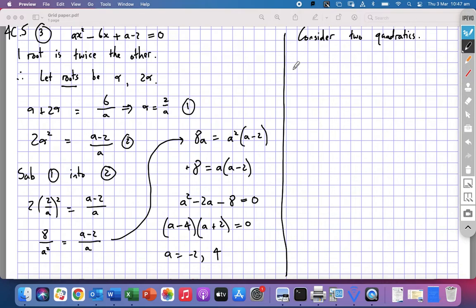We've got the first one where A equals, let's use the positive value 4. I should say, when A equals 4, it follows that our quadratic is 4x squared minus 6x, that will always be 6x, and then we'll have plus 4 minus 2 is 2.